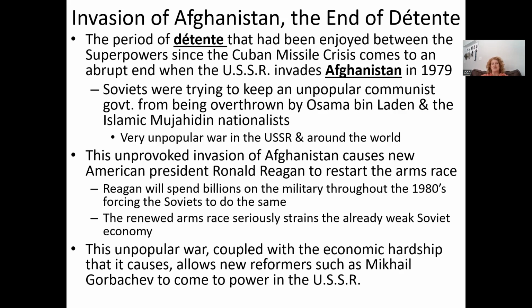But it was a very unpopular war around the world. It was unprovoked, basically, just like their invasion of the Ukraine today. It was unprovoked, and it caused President Reagan to back out of many of those SALT talks and his negotiations with them.